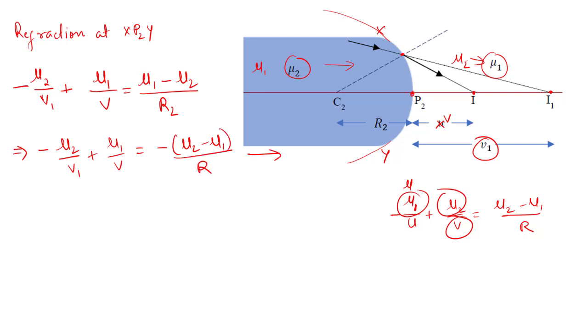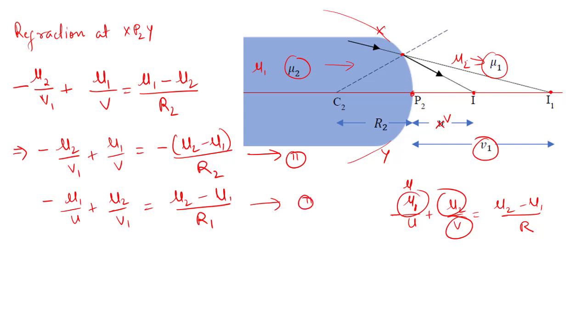Let it be equation 2. Then adding equation 1 and 2, what do you get? Let me write equation 1 here. In equation 1, we have mu1 by u plus mu2 by v1 equals mu2 minus mu1 by r1. That was equation 1.